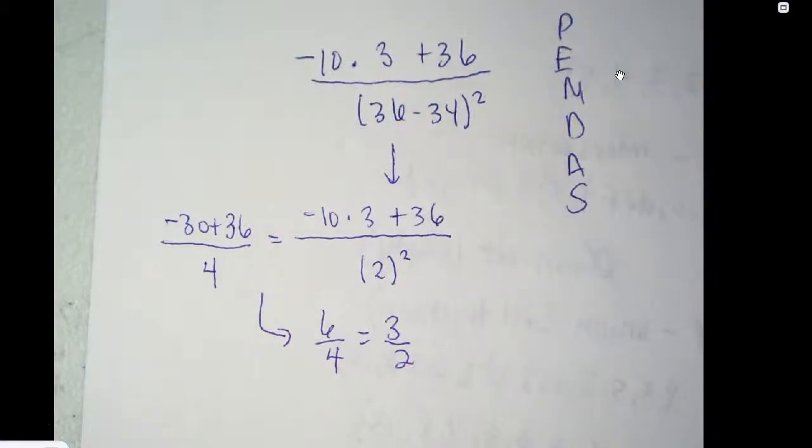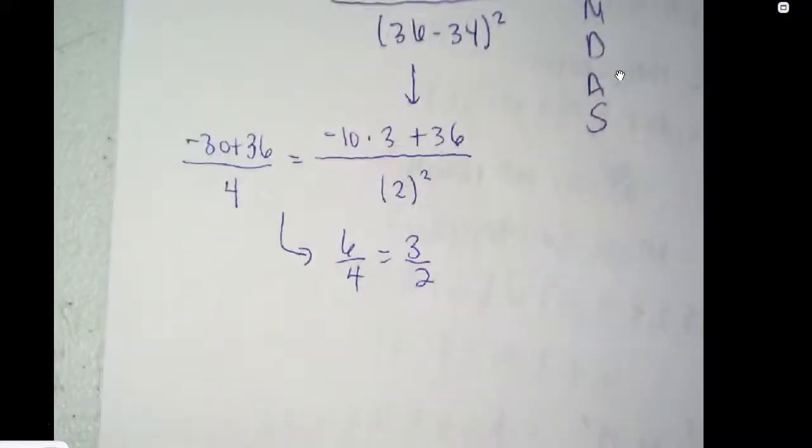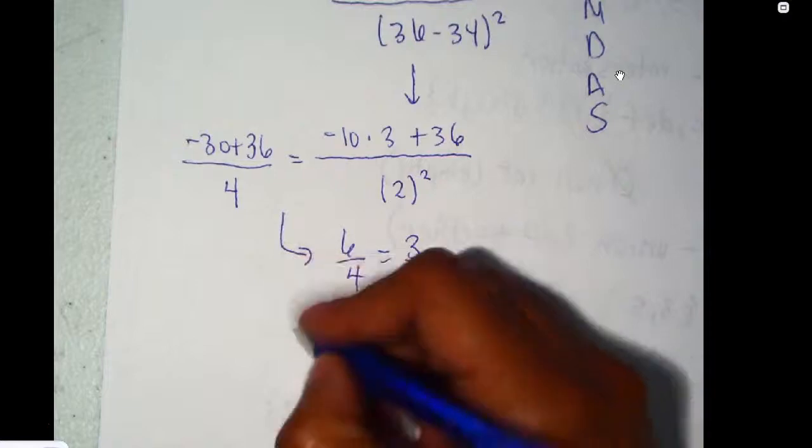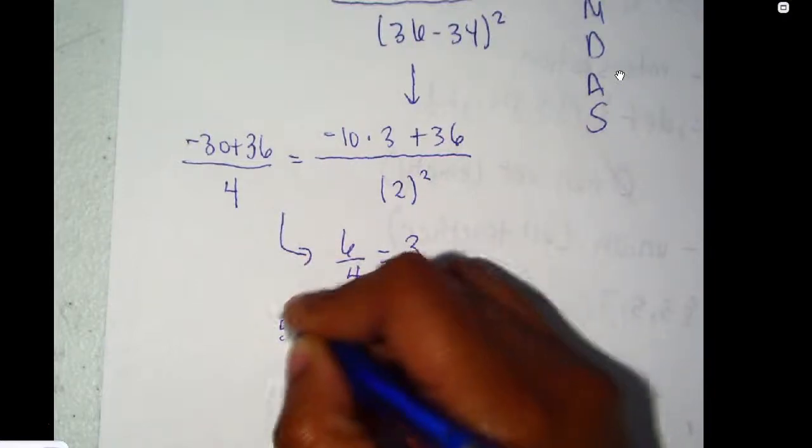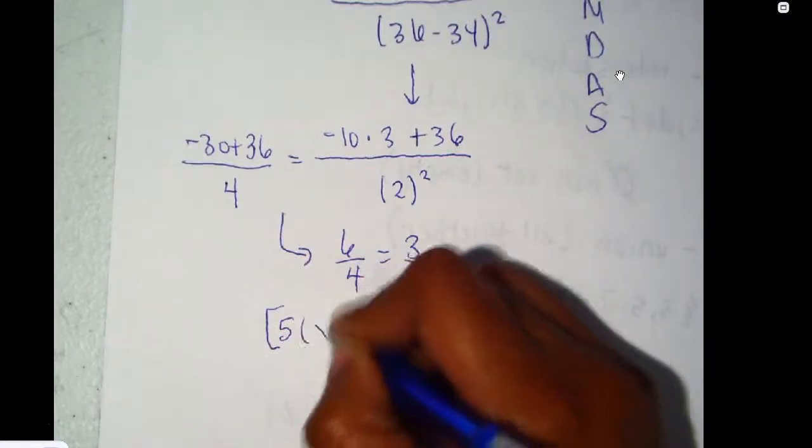Okay, next one, number 9. Number 9 is another order of operation. No, it's not. It's just simplifying an expression. So we have 5, and then we have a bracket around it, which is like another set of parentheses.